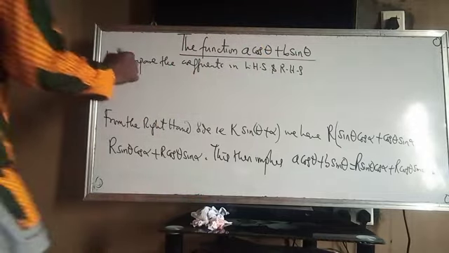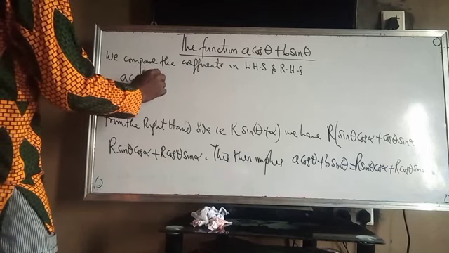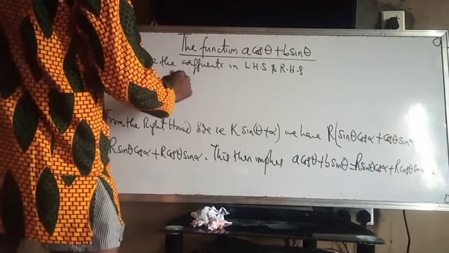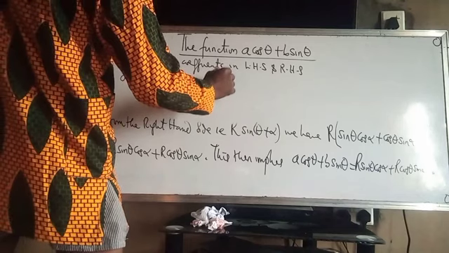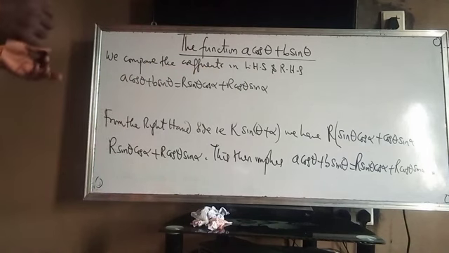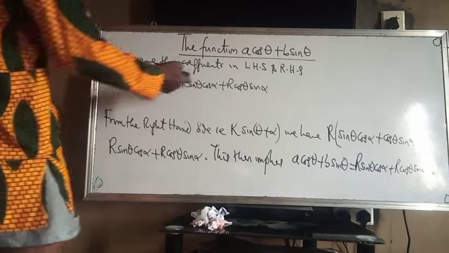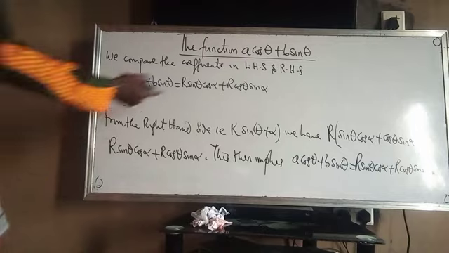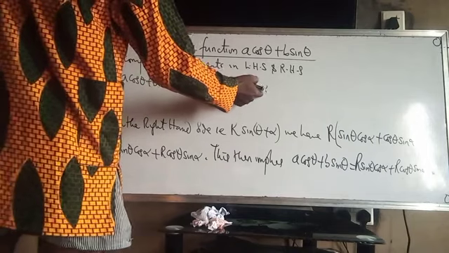The left hand side says a cos theta plus b sin theta is equal to r sin theta cos alpha plus r cos theta sin alpha. If you look at both sides, there are some values that are common that we can bring together. Let's take cos theta: a cos theta, and on the right hand side we have cos theta too. So we can compare a cos theta with r cos theta sin alpha.